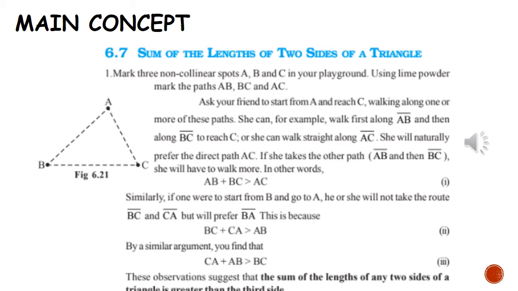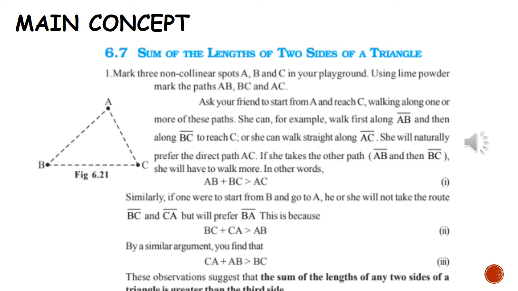Now we are using lime powder to mark the parts of AB, BC and AC. Now we are telling one of our friends to start from A to reach C, walking along one or more of these paths.